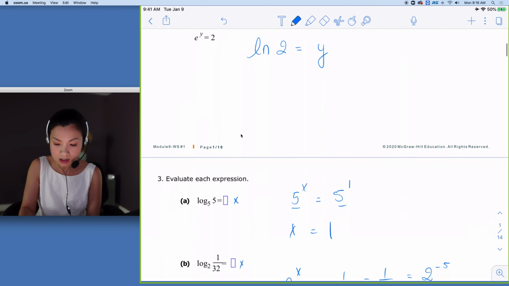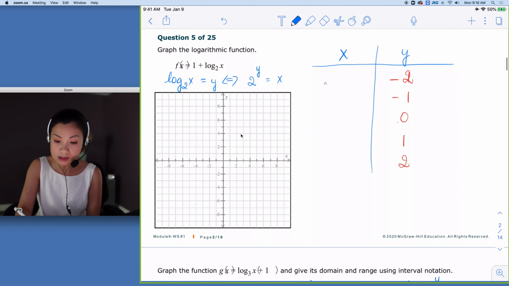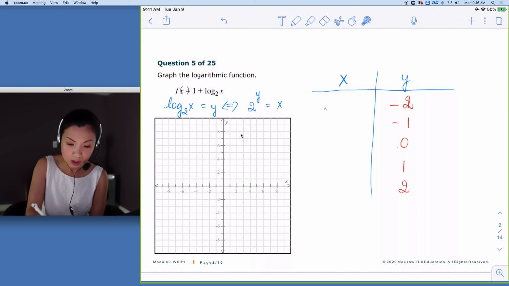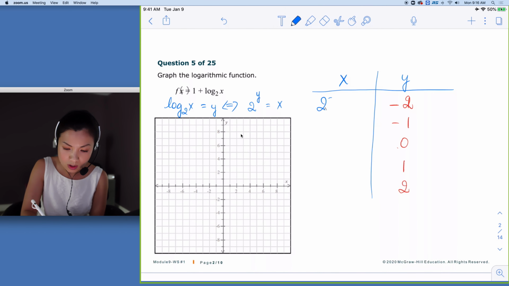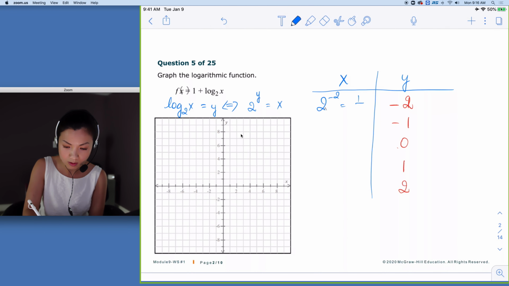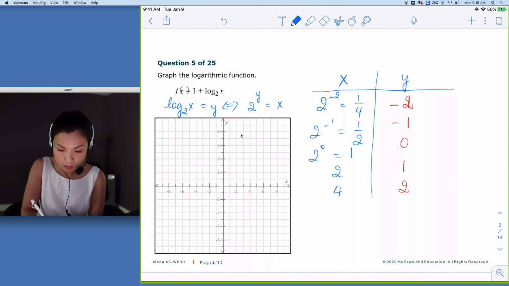What I have is negative 2, negative 1, 0, 1, and 2. I take negative 2 and plug it in here. It's going to be 2 to the negative 2, which is 1 over 2 squared, which is 1/4. Same thing over here, we have 1/2. 2 to the 0 power is 1. 2 to the first power is 2. 2 squared is 4.